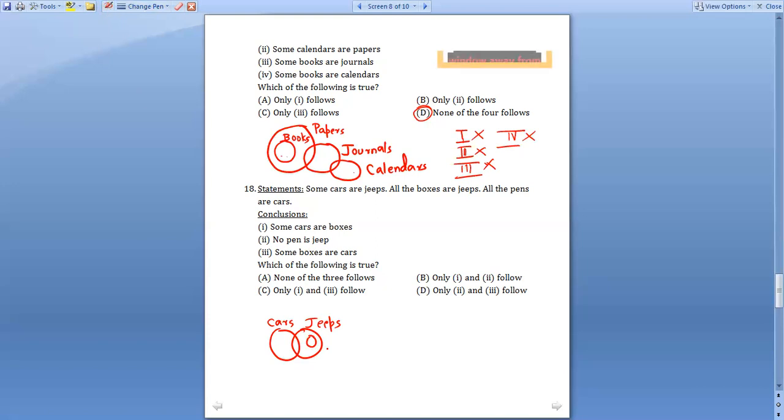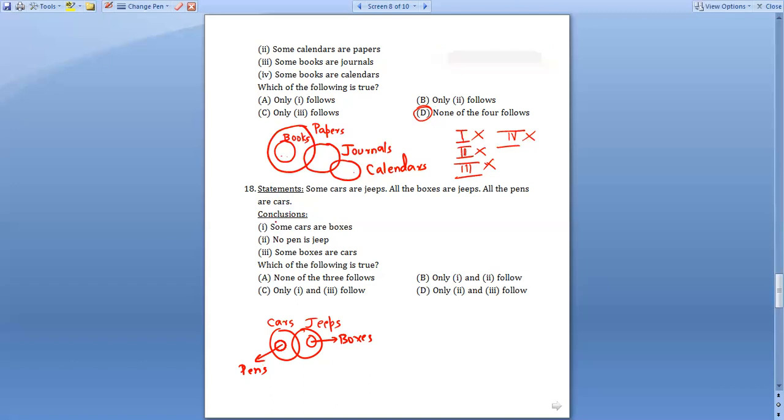So all boxes are jeeps; this is the set of boxes. All the pens are cars. So boxes are contained in jeeps and pens are contained in cars. Okay, so this is the Venn diagram.